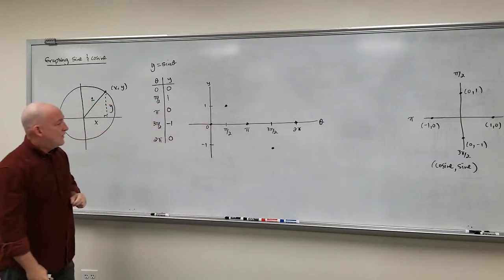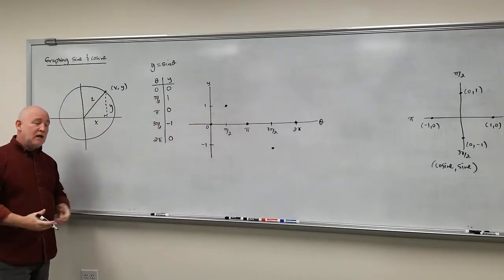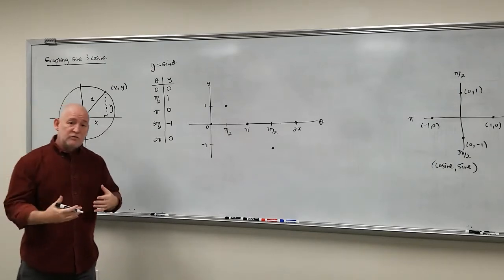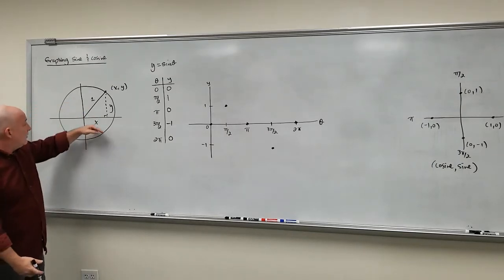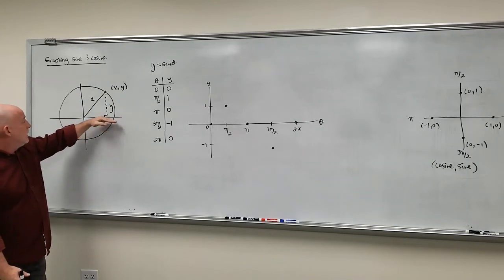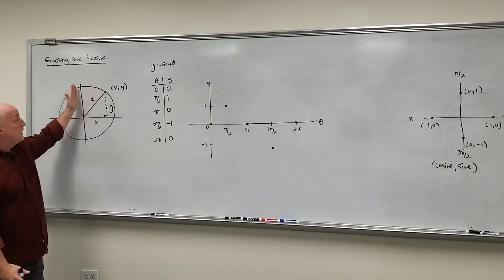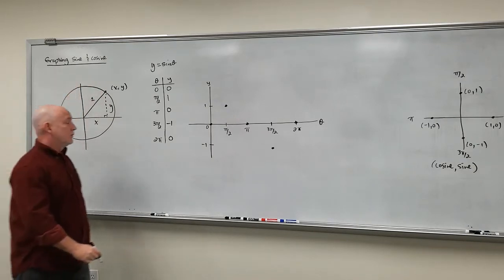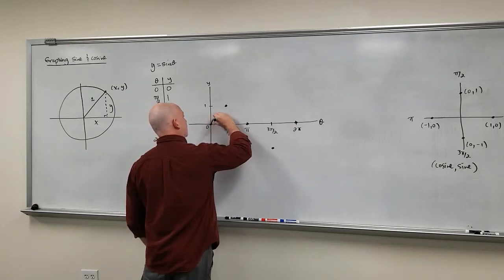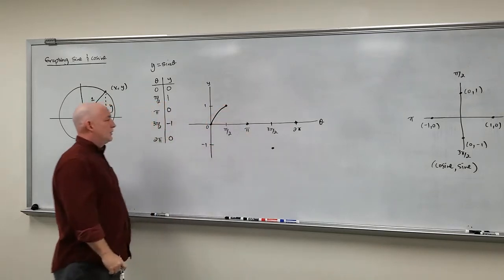All right, so we have 5 points here, but the question is, how do we connect the points? Here we have to visually picture what it looks like as we go around our unit circle. When we started at the point (1, 0) here, as we go around our circle, our y values slowly get bigger until we get up to 1. So they're slowly getting bigger as we go around, so let's go up like that.